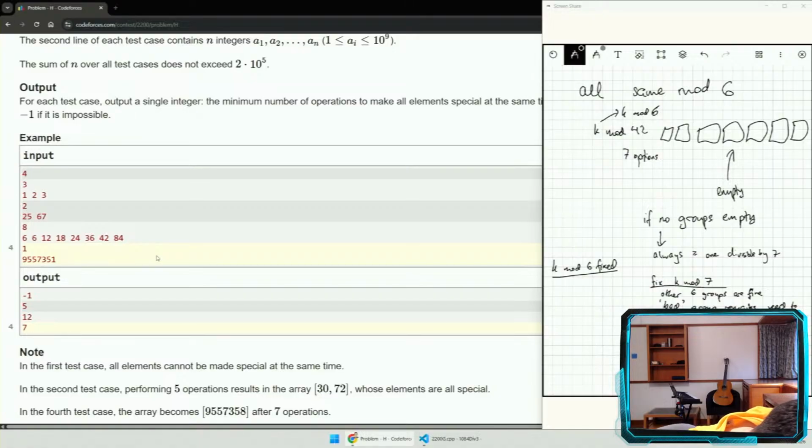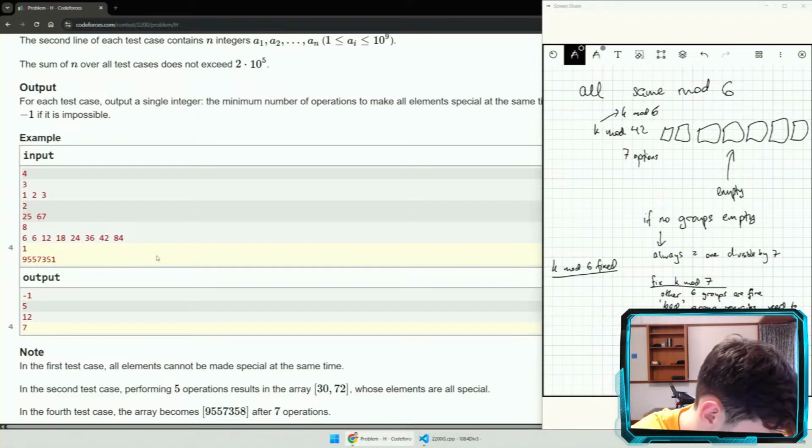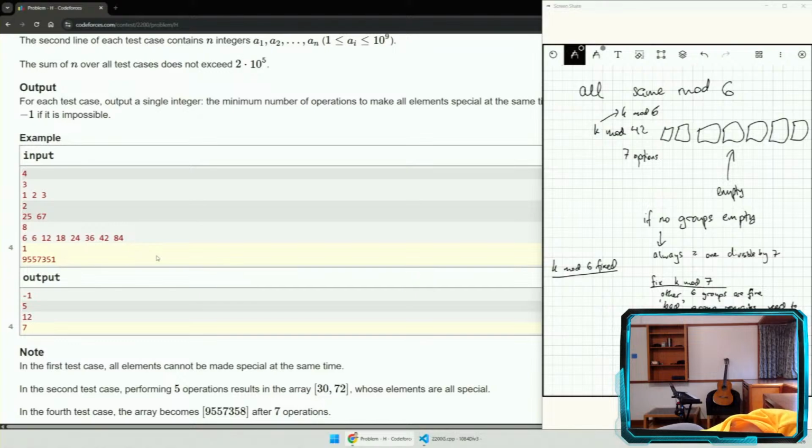So the next number has to be divisible by a higher power. This group has to be divisible by a higher power of 6. Okay. So I know k mod 6 and k mod 7. So now we get a subproblem.